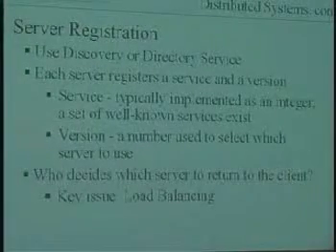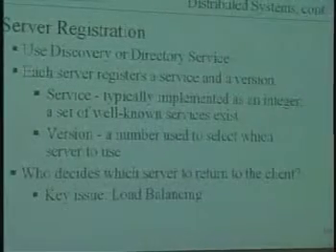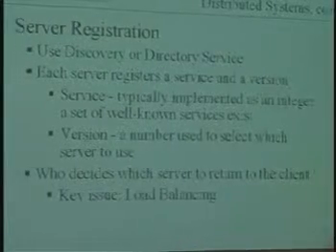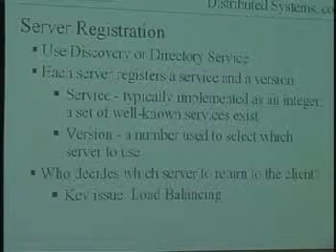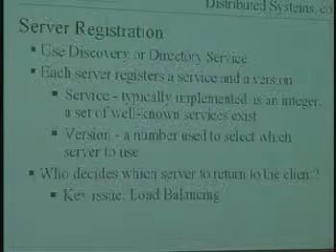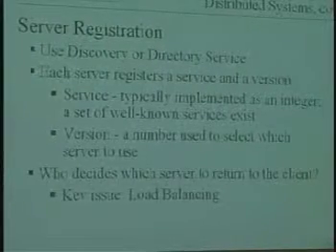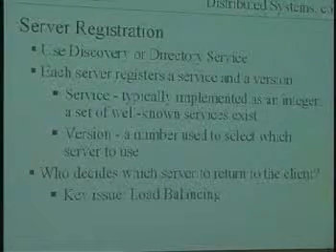So getting back to this part down here, anytime a server comes up, or if it goes down gracefully, it has to interact with some kind of discovery service. And typically there are discovery servers around the internet or around the network that you're dealing with. Each server has some list of services that it provides.